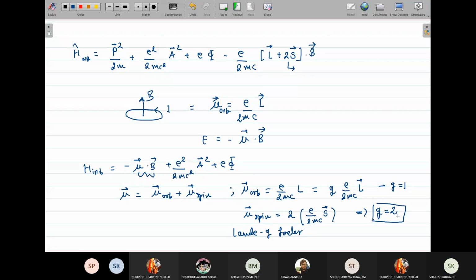So this is inbuilt into the Dirac equation. You don't have to add spin externally. Fine. But maybe if we are lucky, we'll see in the next semester when you apply quantum field theory that there will be certain corrections to this.